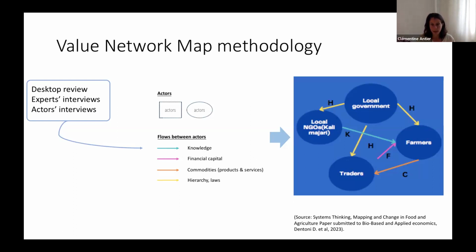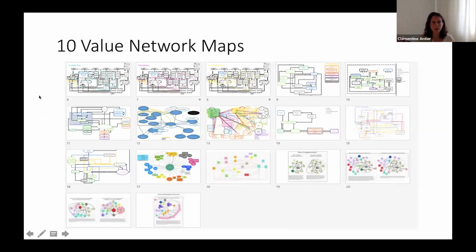And you will see that we can observe different phenomena when we have these beautiful value network maps. Here, just to give an idea of what it looks like when you receive 10 value network maps made by different case study coordinators. It's quite rich. There is a lot of data.